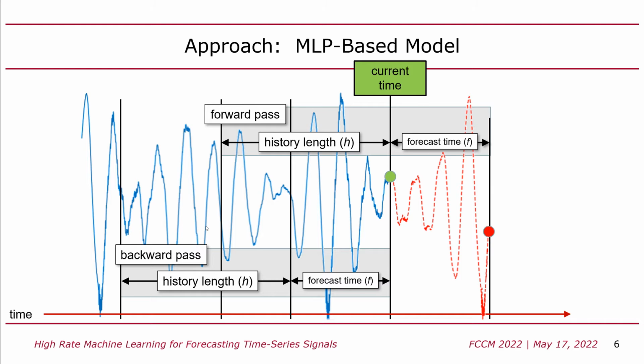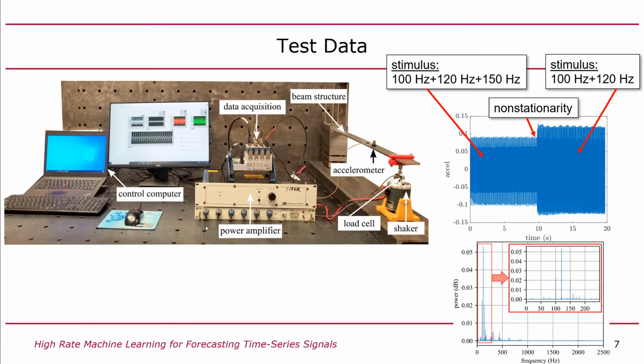The data set that we used for characterizing our designs was gathered in Austin Downey's lab. He's in our mechanical engineering department. He used an electromechanical shaker to stimulate a steel beam, the acceleration of which is measured with an accelerometer attached to the end, or actually in this case the middle of the beam.